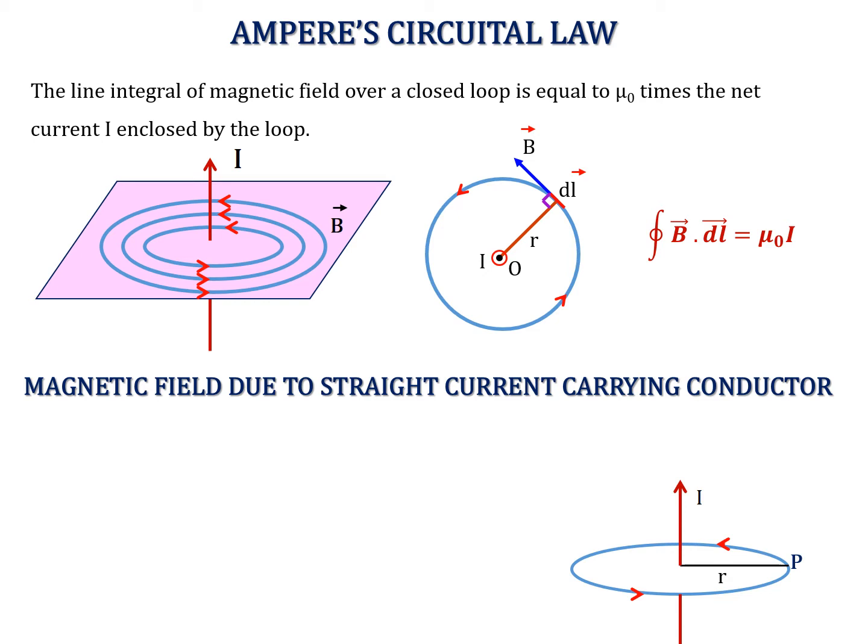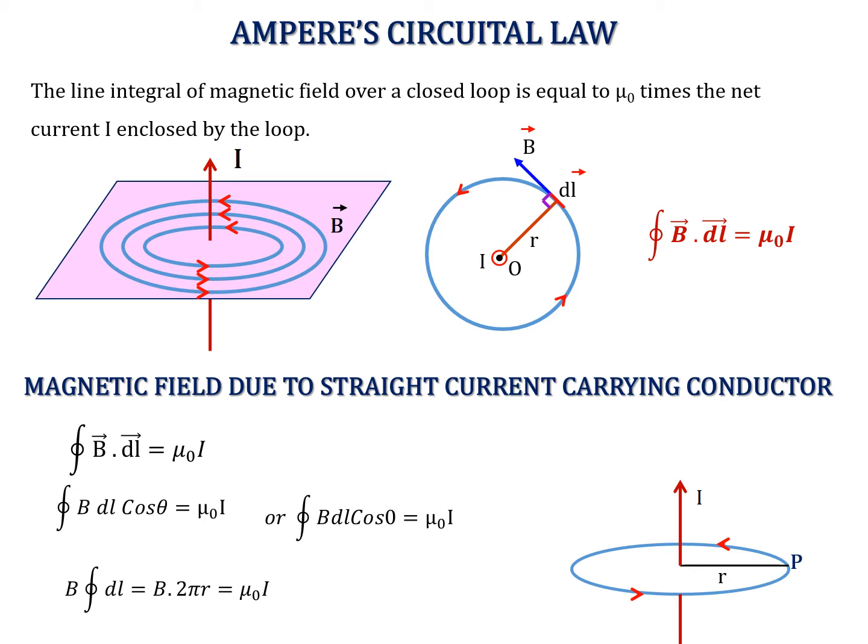If we apply Ampere's law, we have integral B dot dl is mu naught I. We can write B dl cos theta is mu naught I. Theta here is 0. You can see B and dl are parallel vectors. So theta being 0, we can say B dl cos 0 is mu naught I, or B integral of dl.